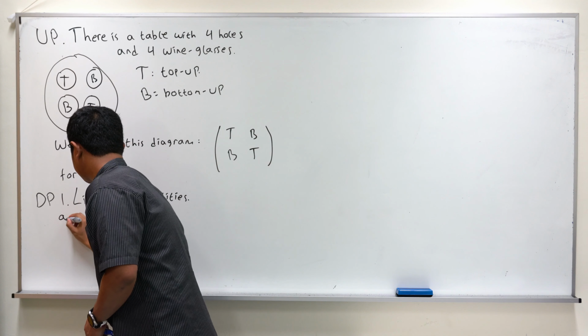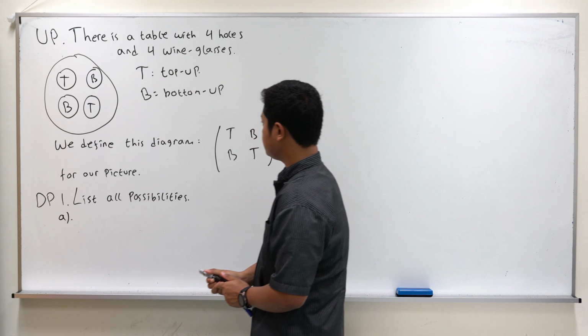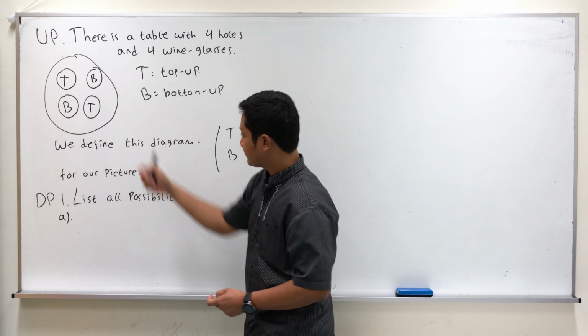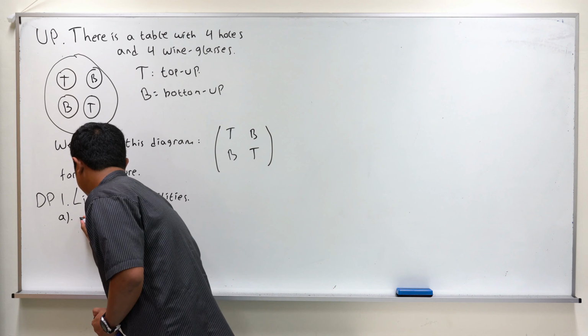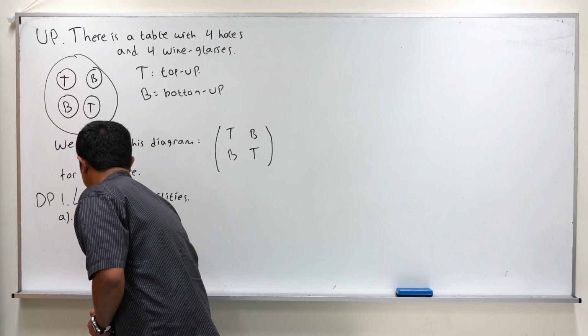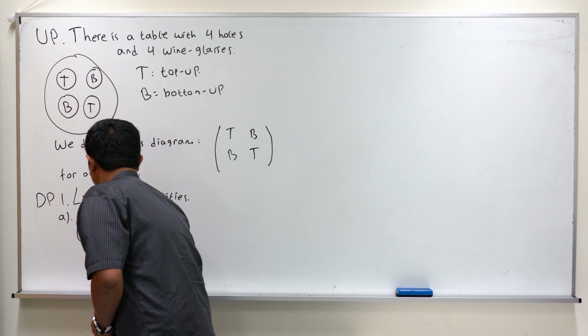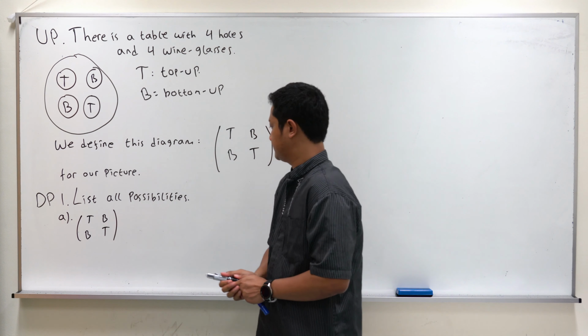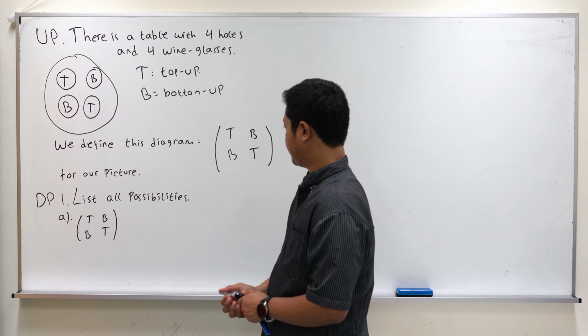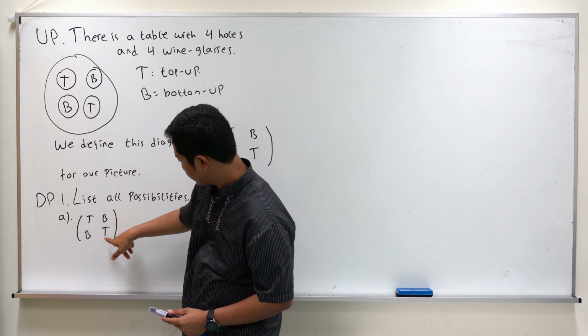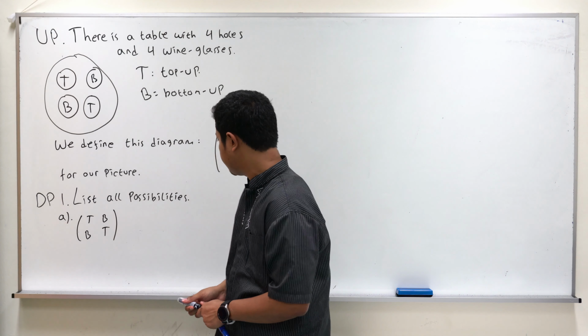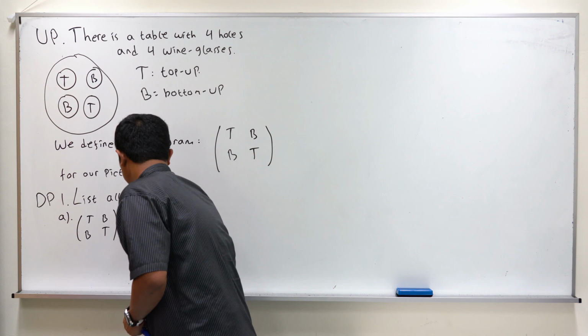So we have the first case, maybe something like this: TBBT. Okay, if we spin, that will be the same. So we try to find another one.